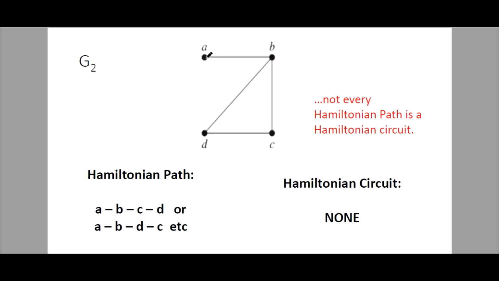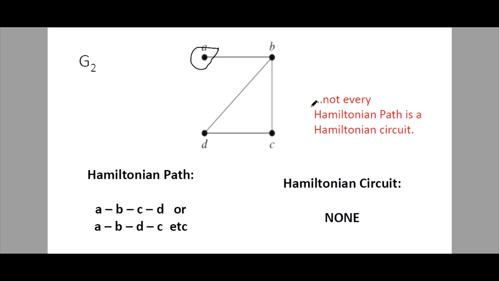Say for example, if we start with A: A, B, C, D. We cannot go back to A. A, B, D, C, we cannot go back to A. If we start with B, D, or C, of course, we cannot go back to the other vertices.